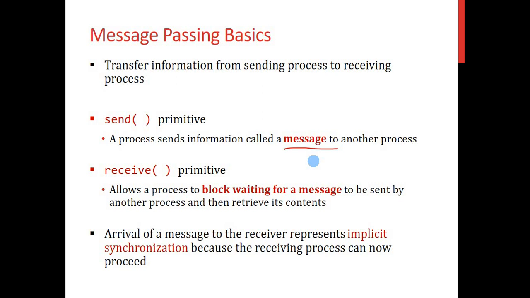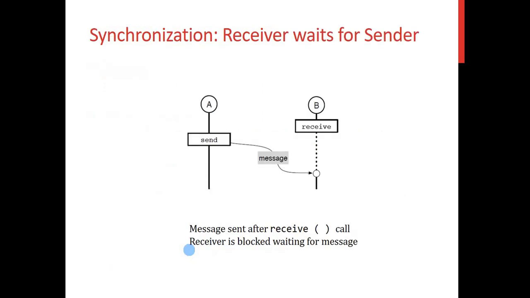So this actually implies synchronization. That means if a task calls the receive function and nobody has sent any message, then it will get blocked until somebody sends a message. So this is an example where the receiver calls first, but there is nobody to send.